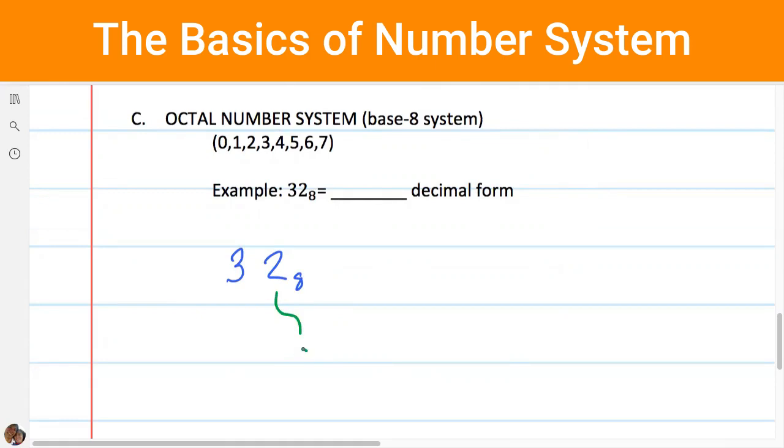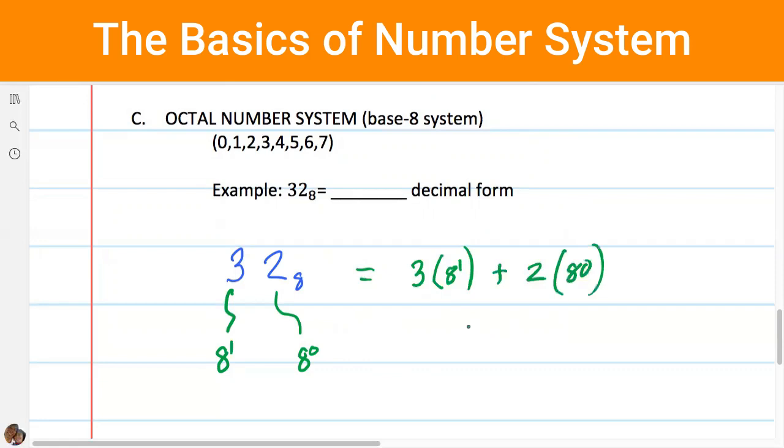The place value here is 8 raised to 0. The place value here is 8 raised to 1. So this will become 3 times 8 raised to 1 plus 2 times 8 raised to 0. So this will become 3 times 8, that's 24, plus 2 times 1, that is 2.